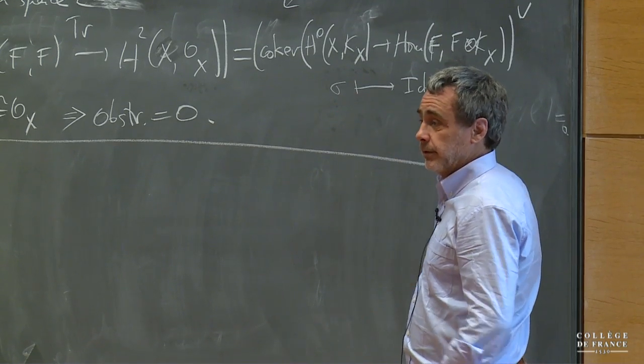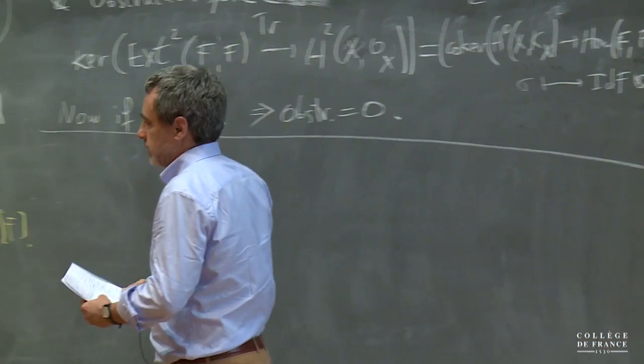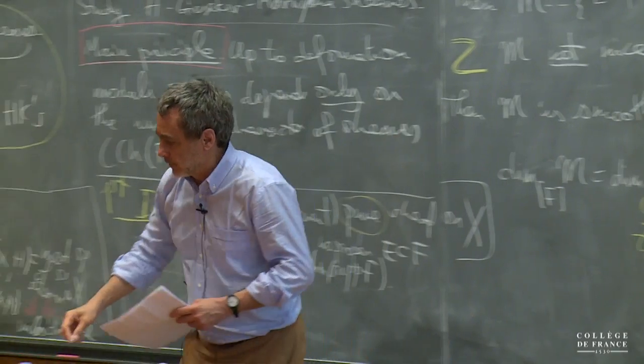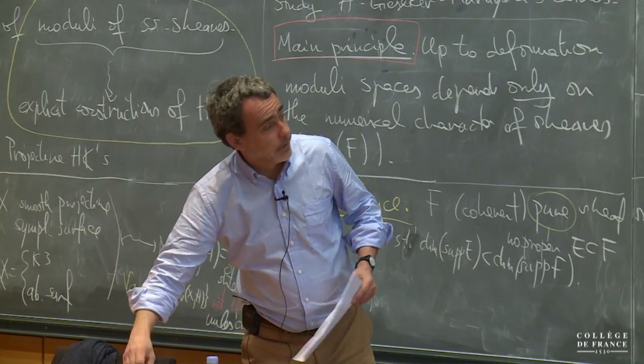So this is really specific. Of course, if K_X has no sections, it's even easier.